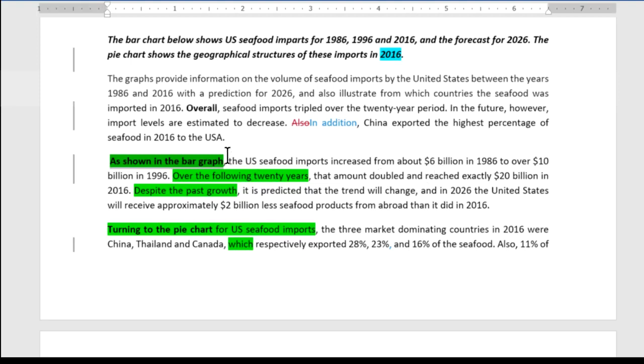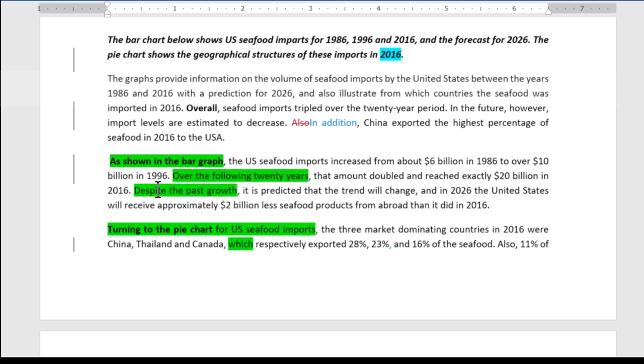So this is where we're getting the complex sentences. And note how we get these with these introductory phrases for these paragraphs. This one, over the following 20 years, and then we get extra information about those 20 years. Same thing here.